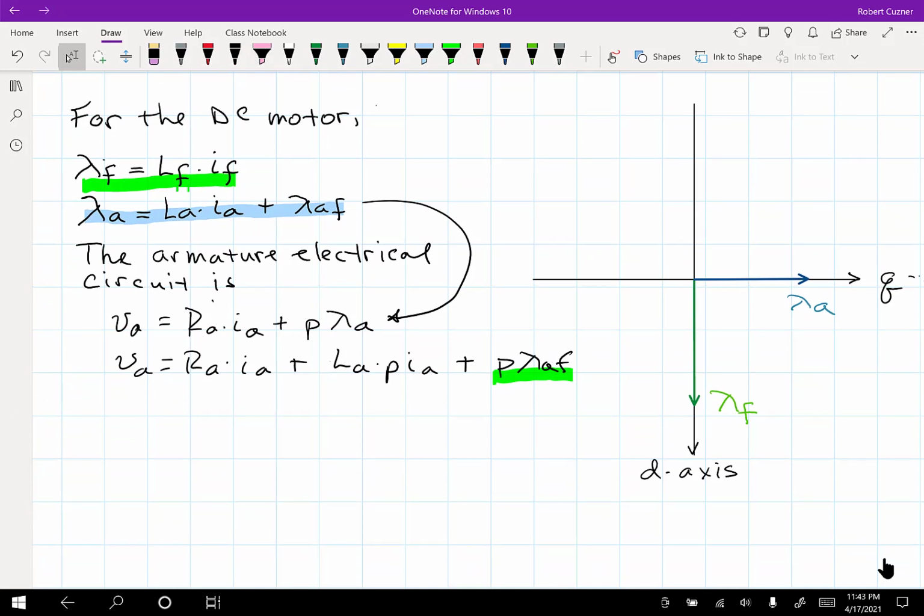Actually, what we're doing with the derivative is turning a flux linkage into a voltage. Now, if we look at these axes, it's helpful to find the things we're interested in, the current and the mutual flux linkage, on these axes.